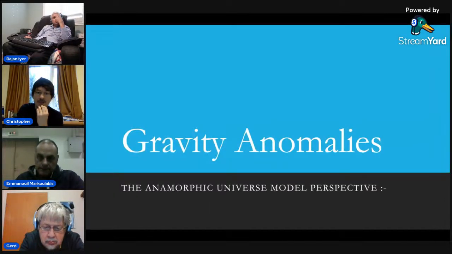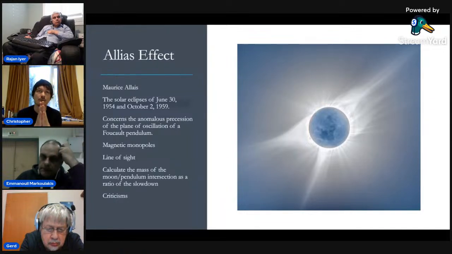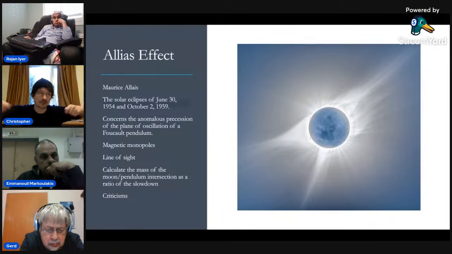Now we'll move on to gravity anomalies from the anamorphic universe model perspective. This is the last thing. One of the things I was looking at was the Allais effect. If we know that the projective point, from the point of view of the 3D tangent space, is in every direction in space at an infinite distance from where we are, no matter which direction we point, then the lines of the gravito-torsion magnetic monopoles are, in effect, streaming in towards us from every direction.